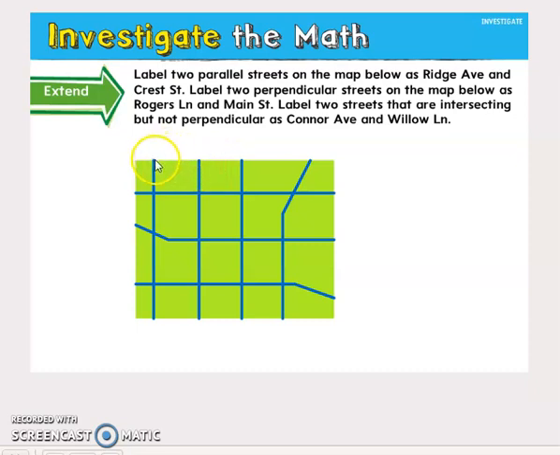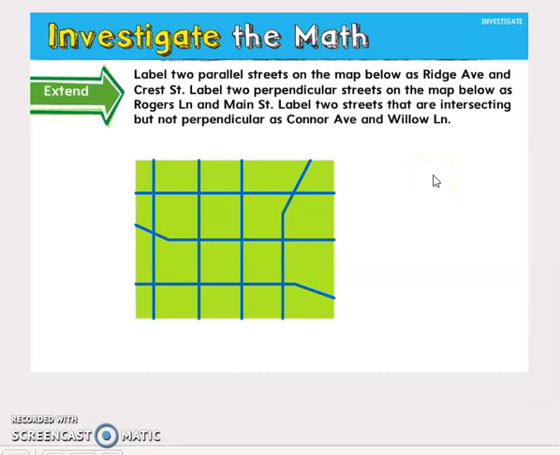So if I look at this street, this one's straight, and then this one is straight, so these two are parallel to each other, and this one is straight, so these two are parallel to each other. Also, these two are parallel to each other.